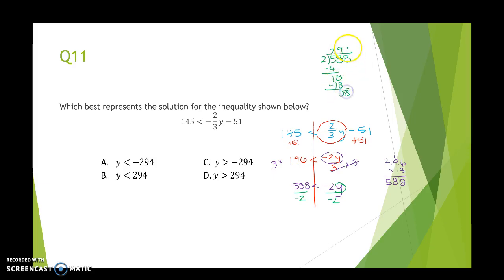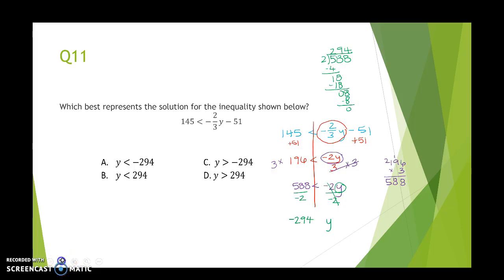Bring down my 8. 2 times 4 is 8. So here we are at, let's see, a positive divided by a negative equals a negative 294. And then this cancels and I have y here.